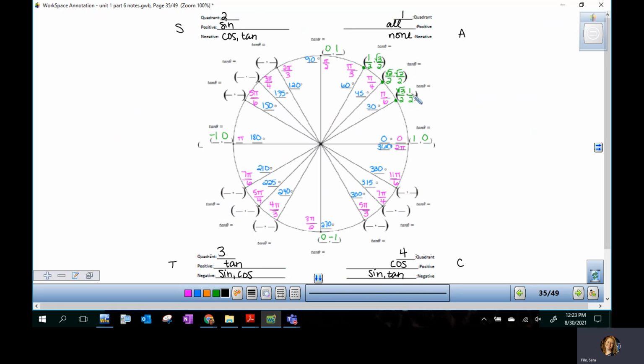The y value corresponds to sine. So sine of 30 degrees is 1/2. At 45 degrees, sine and cosine are both square root of 2 over 2. Are y'all seeing that? Does that make sense? Okay.